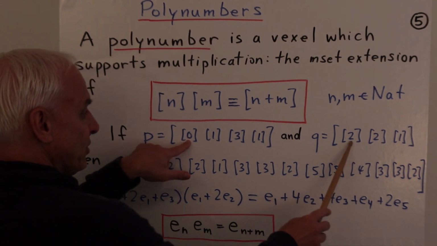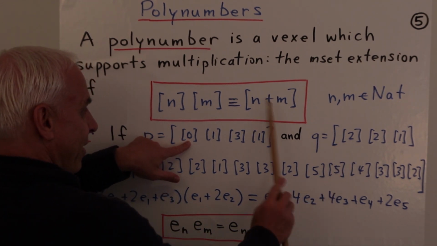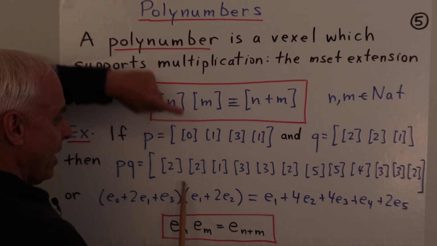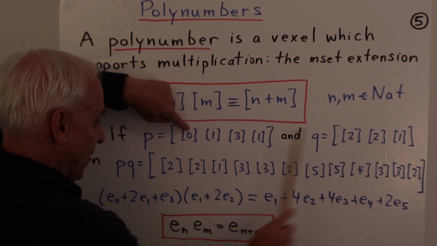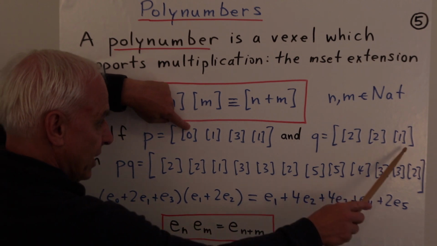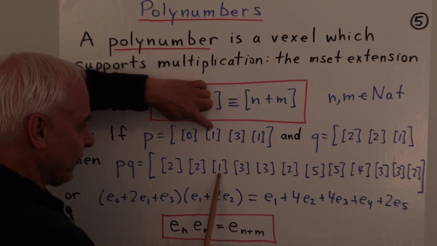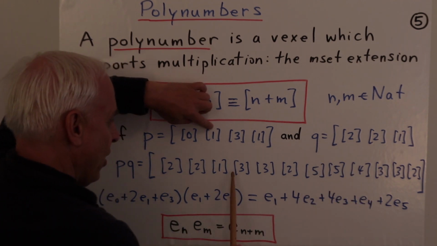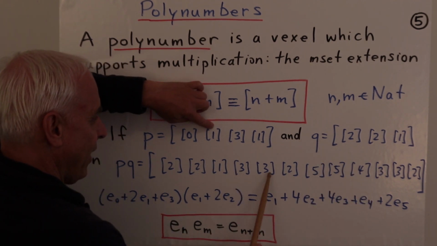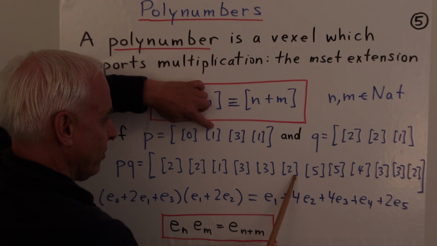The singleton 0 times the singleton 2, well, that's the singleton 2. The singleton 0 times the singleton 2, that's the singleton 2. The singleton 0 times the singleton 1, that's the singleton 1. Okay, now we have to multiply this one times all of these. Well, we get 3, and then 3, and then 2.